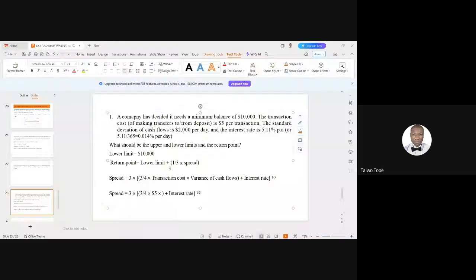To get your variance, the standard deviation is 2,000.